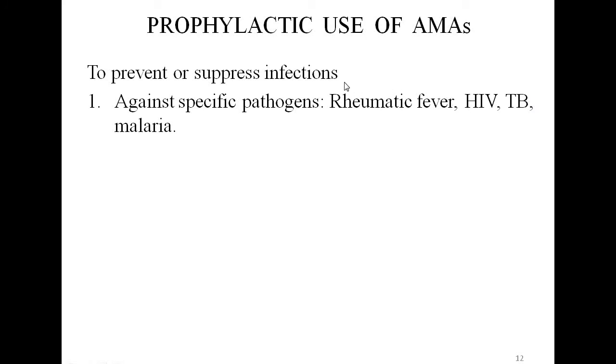A patient with a history of rheumatic fever is given prophylactic antibiotics, or a person from a non-malaria zone, if that person is entering a malaria endemic zone. For example, let's say a person from the United States is visiting India. So, before entering the endemic zone like India, the person needs to take prophylactic anti-malarial agents.